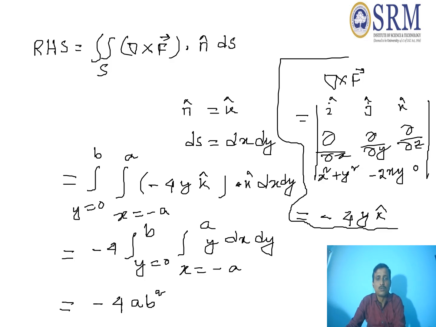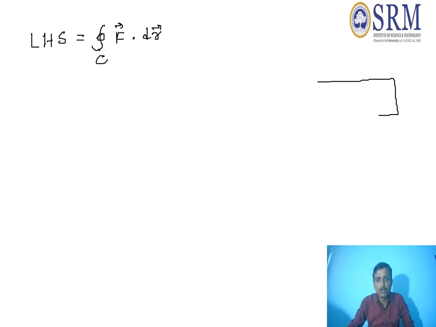So now we are going to evaluate the LHS using the line integration concept. That means the line integration over C of F dot dr. So what about C here? If you just want to see that graph roughly, your rectangle was like this.